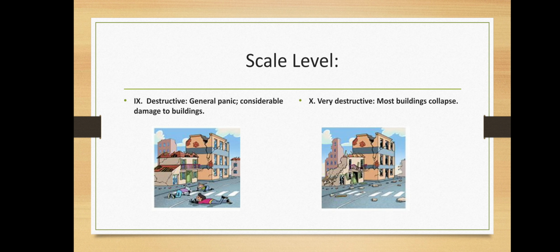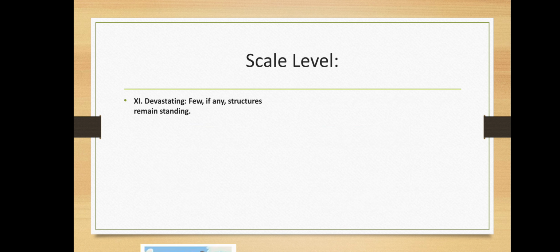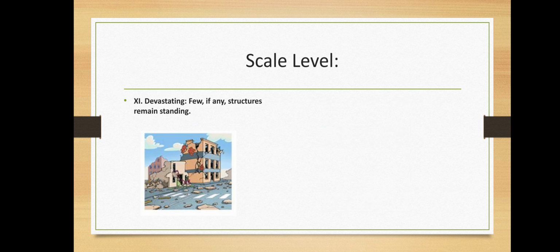Level 10, very destructive. Most buildings collapse and many structures are severely damaged. Panic and destruction are widespread. Landslides and ground cracks might occur. Level 11, devastating. Only a few, if any, structures remain standing.